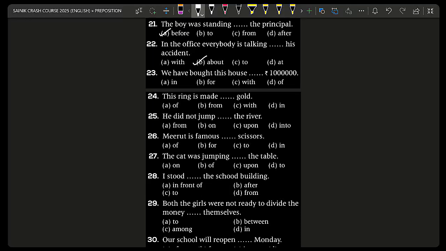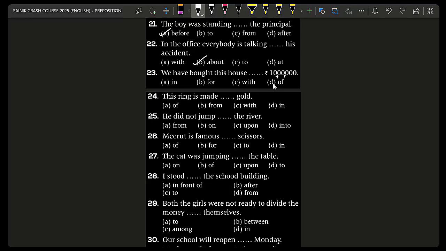What is the 23rd one? We have bought this house dash 10 lakh rupees.